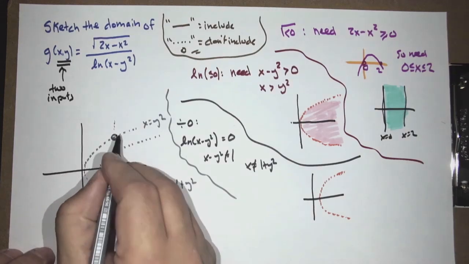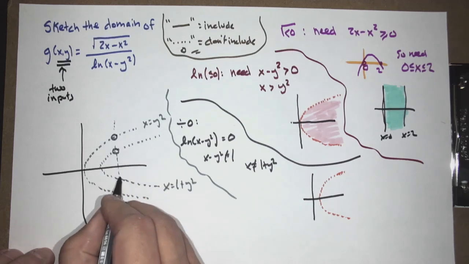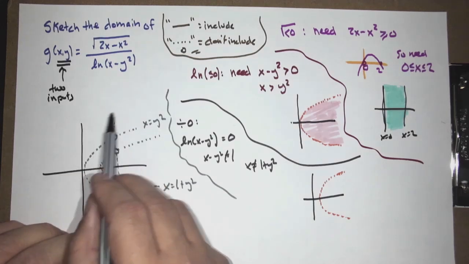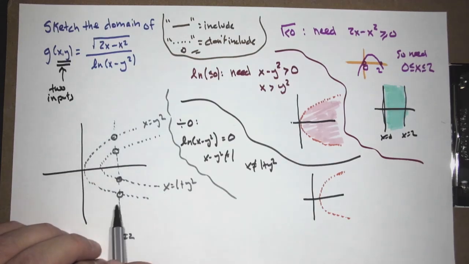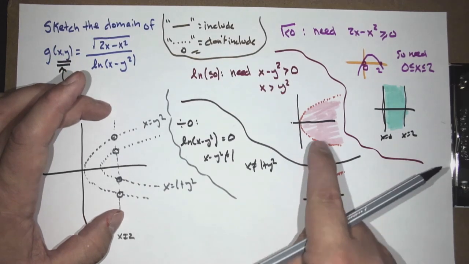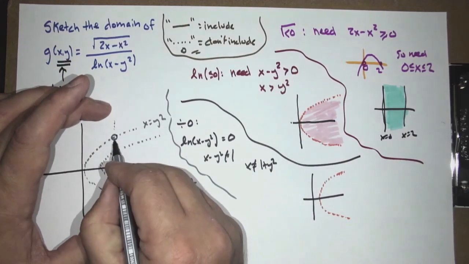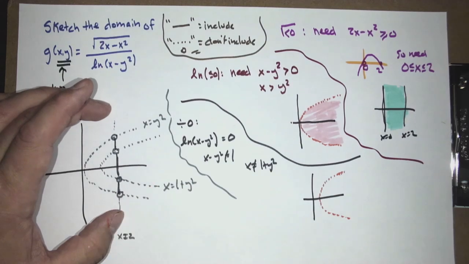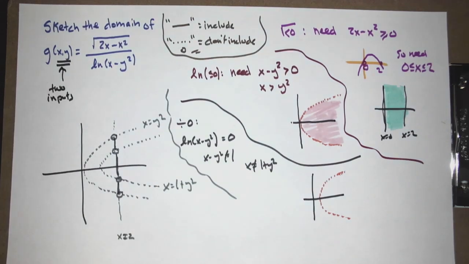We can't have these points. So those are out. We can't be anything up here. We can't be anything down there. What's wrong with these pieces? They're outside the parabola. So we're going to include those parts. Is there anything else we need to do?